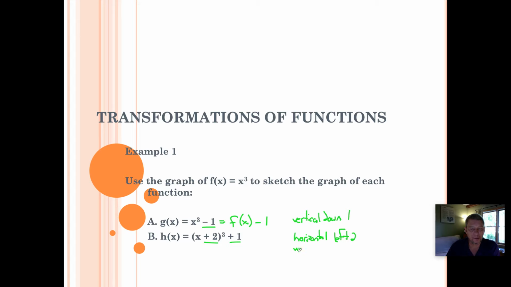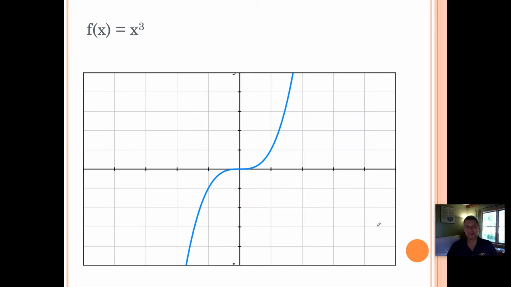So there's also going to be a vertical shift up by 1. Okay. All right. So in the first one, I'm moving it vertically downward by 1. In the second one, I'm moving it vertically upward by 1 and to the left by 2.